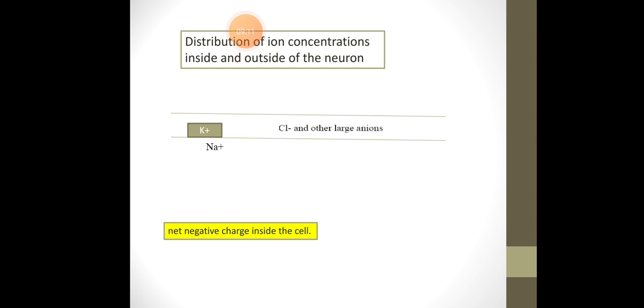So potassium and sodium ions can transfer through these channels according to the stimuli. So it is a membrane-bound protein. Potassium channels allow only potassium ions, like a selective permeability.